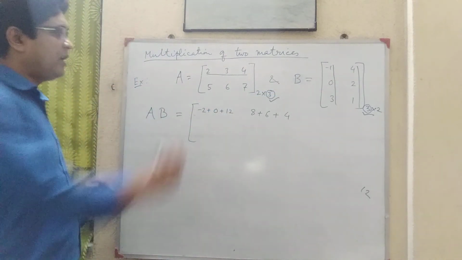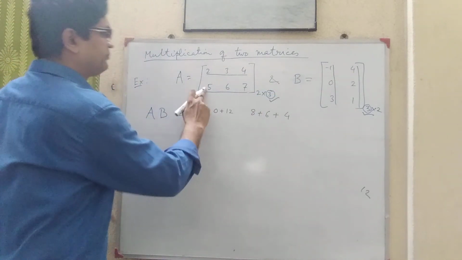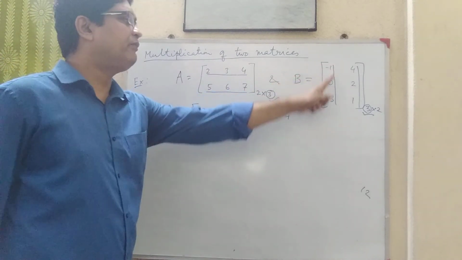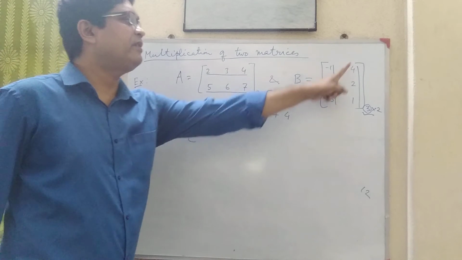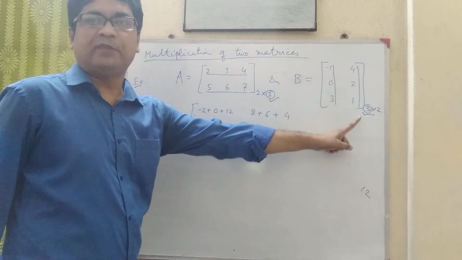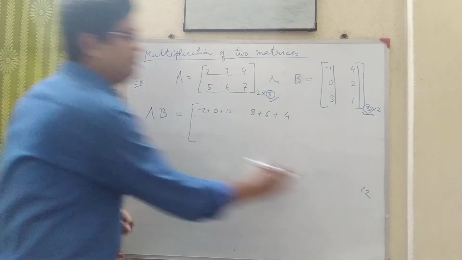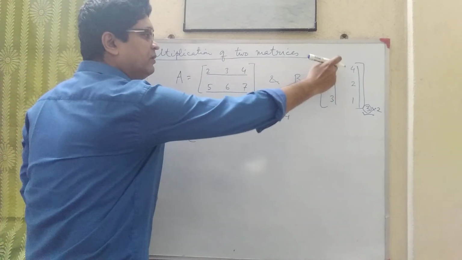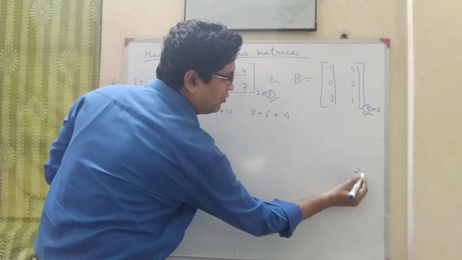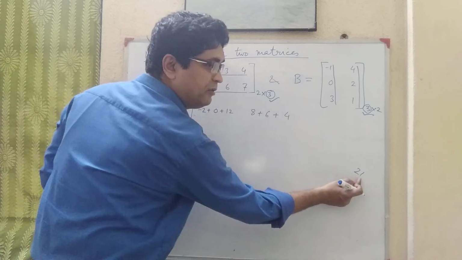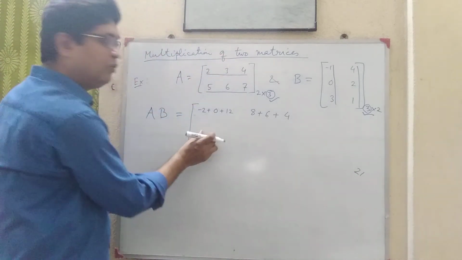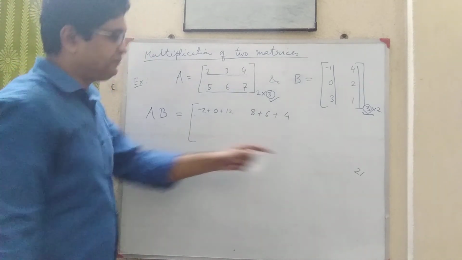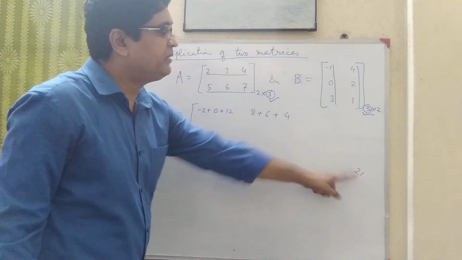So this is done. Next come to the second row. We have to multiply the second row similarly with the first column of the second matrix, and then with the second column of the second matrix. Second row multiplied with first column: so 2, 1 position. You have to write in the 2, 1 position of the result matrix, which means second row, first column.